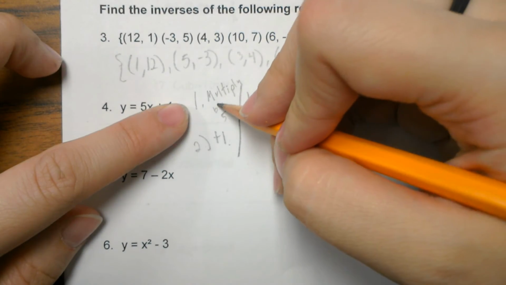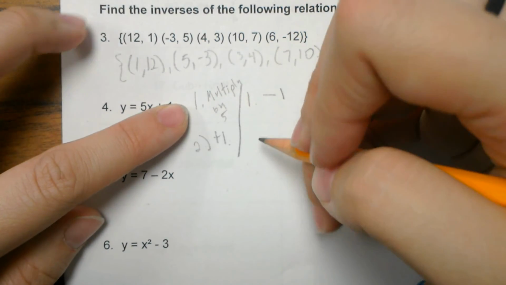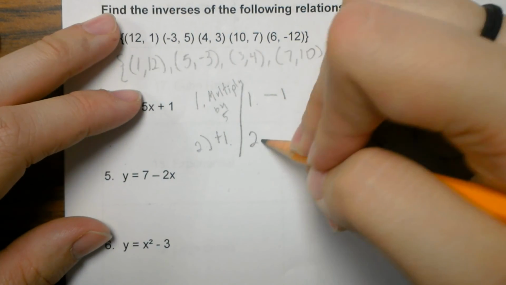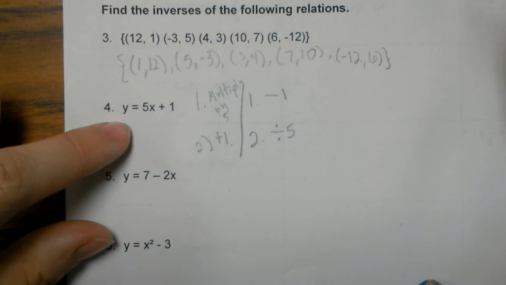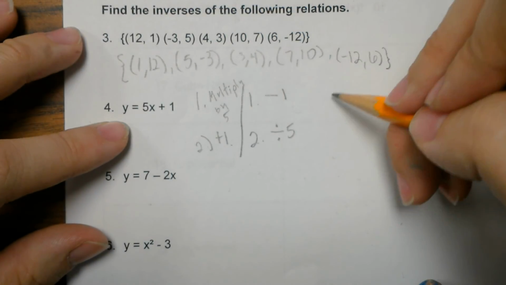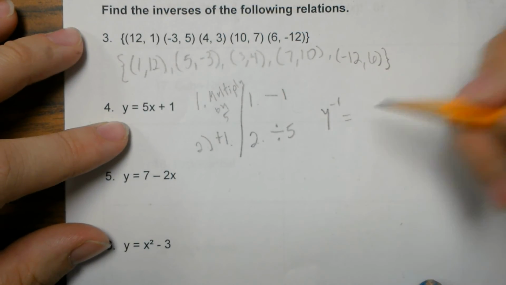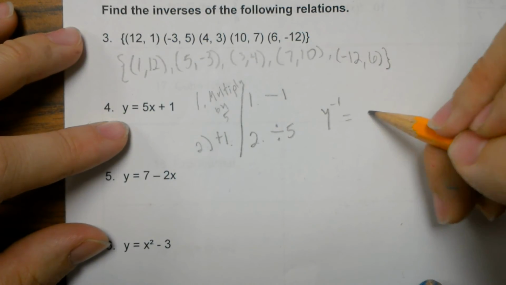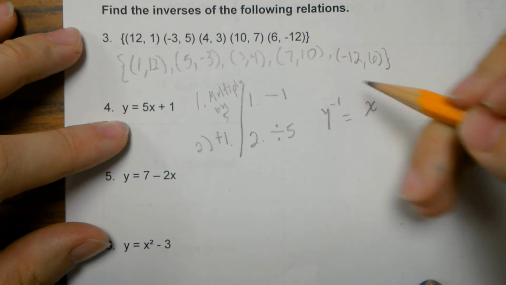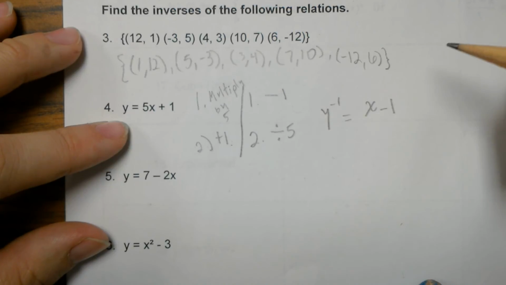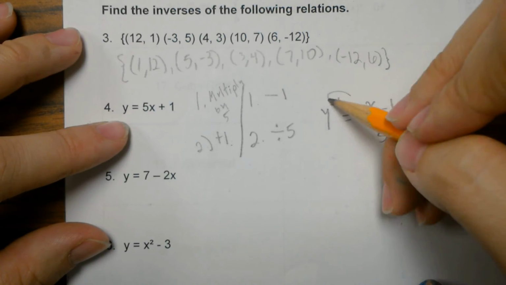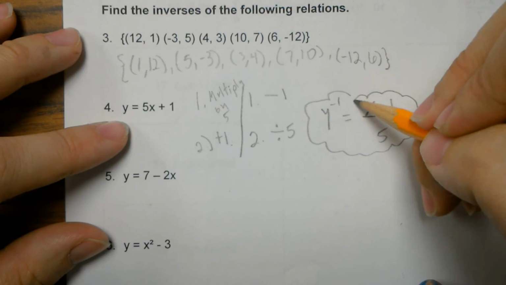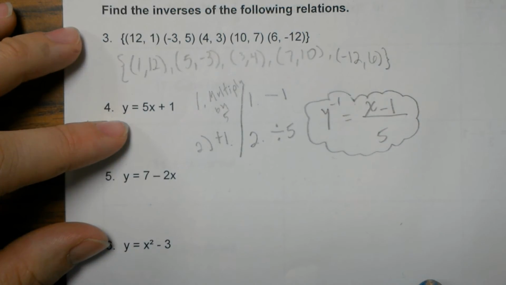And then I'm going to do the opposite of my first step. Multiply by 5, I'm going to divide by 5. So now my inverse is x, and then I subtract 1. Then I divide that by 5. And that's my answer.